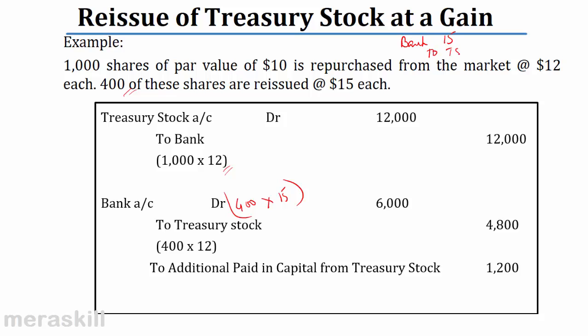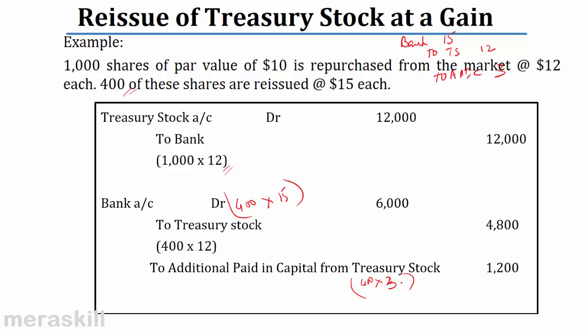To treasury stock is the cost at which we bought, and the difference is APIC 3. Is that correct? So bank is 15 into 400. Treasury stock is 12 into 400 and the remaining is additional paid in capital, not 2, it's 3, right students? It's 3. 3 into 400, 1200. Clear?